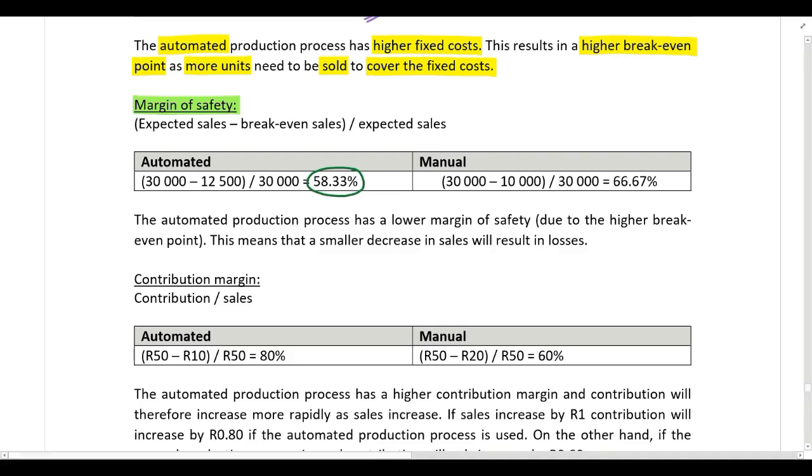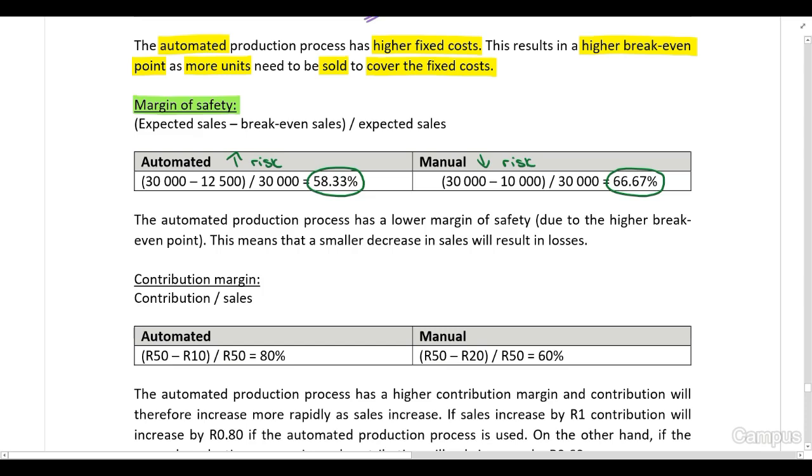On the other hand, if the manual production process is used, sales can decrease by 66.67% before a loss is incurred. So the manual production process is less risky because sales can decrease by a larger percentage before a loss is incurred. And obviously then the automated production process is more risky.